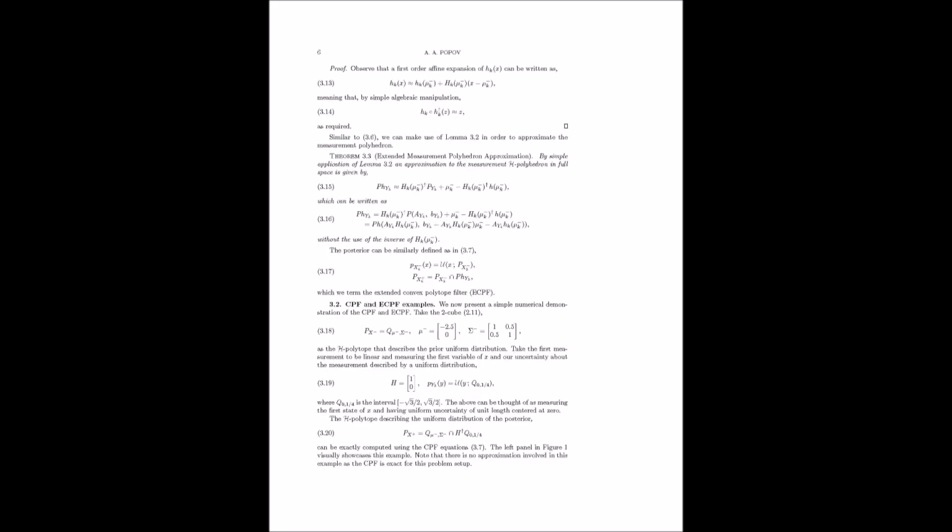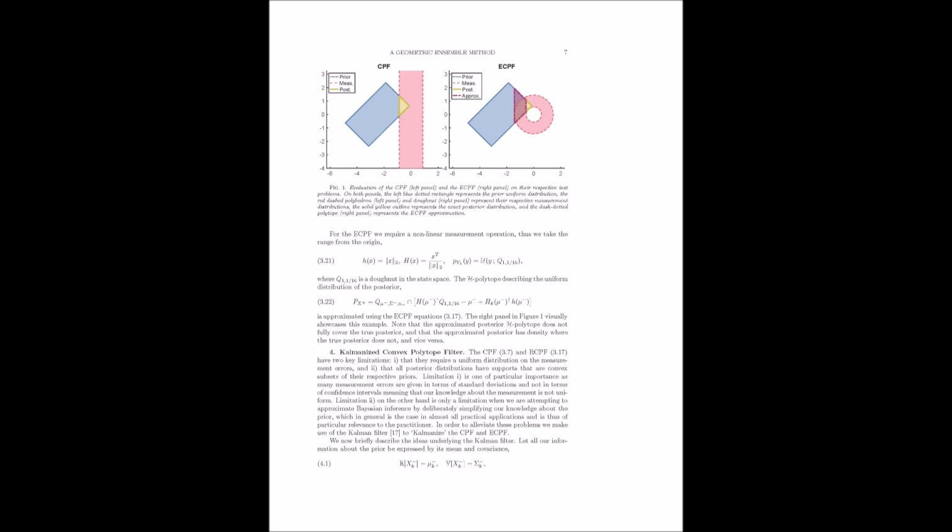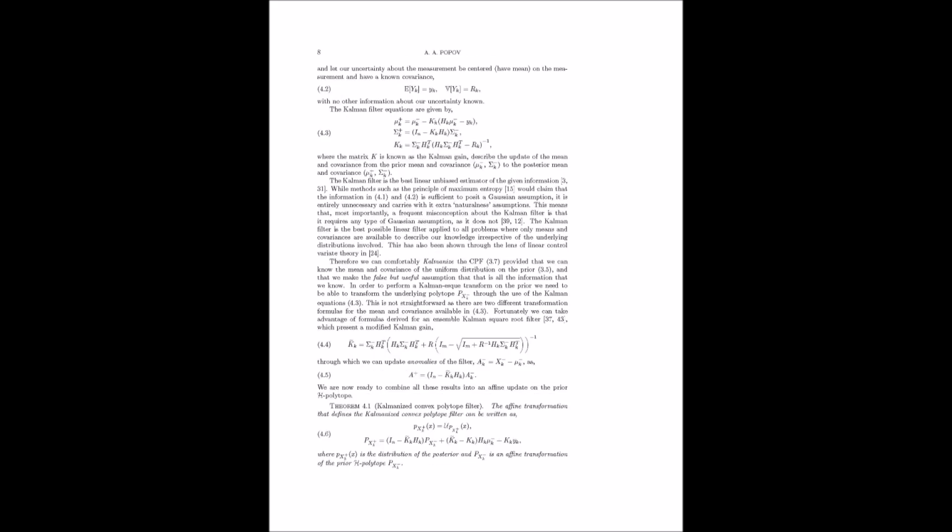So X is our state vector, a list of all the variables we care about. A has P rows and N columns. Each row of A, a sub i transpose, where the transpose is just turning a column into a row, is the normal vector to one of the bounding hyperplanes. And b sub i tells you about the position of that hyperplane in space.